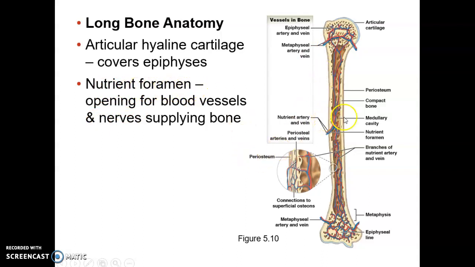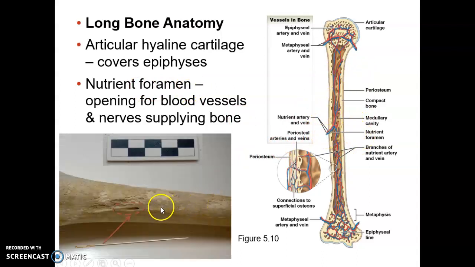Remember, living bones are living tissue, so they need a blood supply. And if you look at a bone, this is dead bone, but you'll see these openings at a relatively sharp angle, and that's a nutrient foramen, and that would be the passageway for blood supply and innervation into a bone.